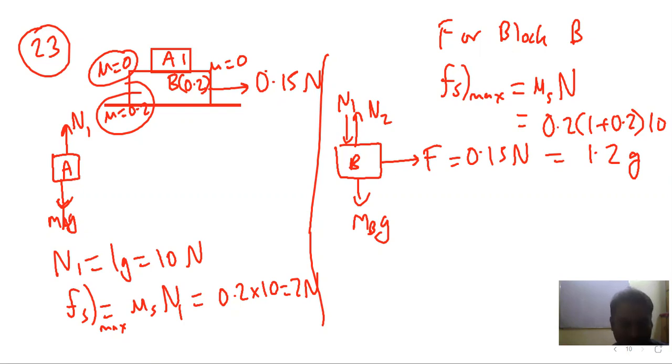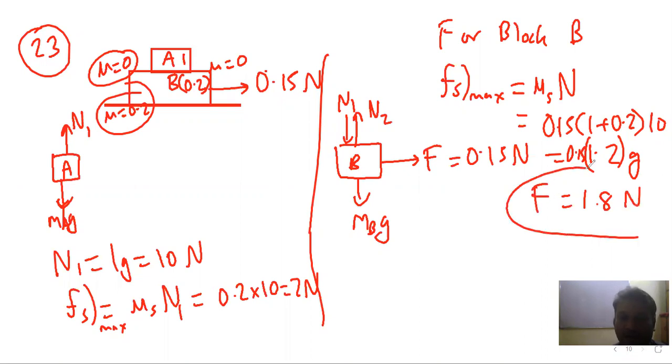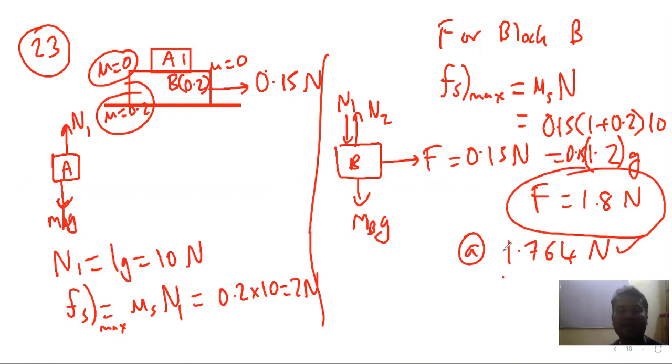So N comes out to be 1.2 G. Here we have mu s, which is given to us as 0.15. So 0.15 into 1.2 into G. This is 1.8 Newton. So the applied force is 1.8 Newton. So the closest option is 1.674 Newton, which is option A, which is the correct answer to this question.